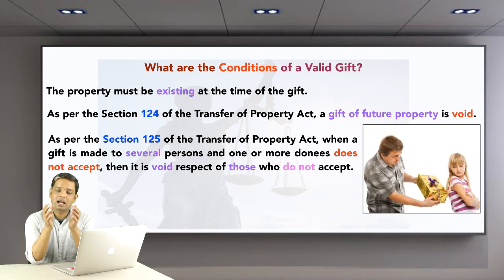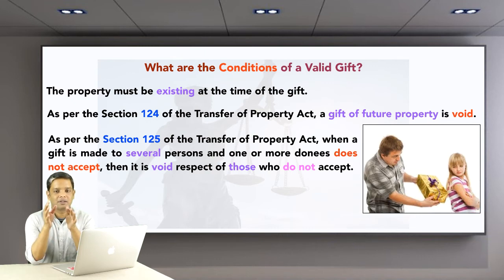Say you have a piece of land, 5 acres, and you are gifting that to 5 people. Out of those 5, 2 people do not accept that gift. Then what will happen?